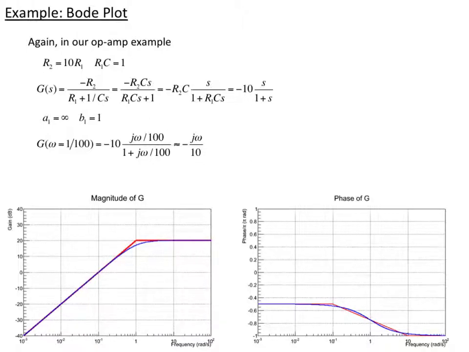Okay, so I can now compare this to what happens if I plot everything exactly and take the magnitudes. And so here I've just copied down everything I had before, and so the red line is what I drew before. What actually happens is that I get the blue line coming out.